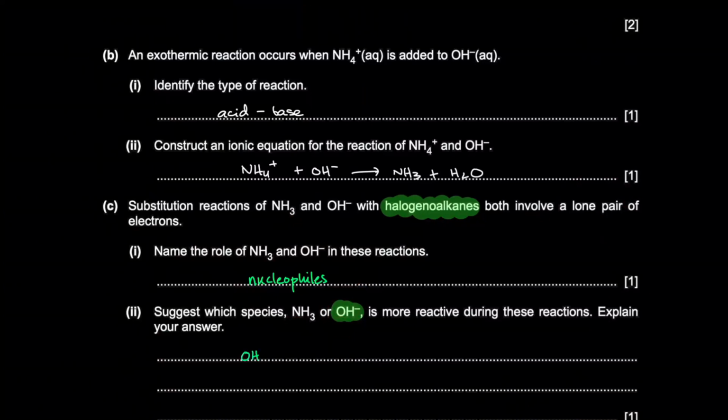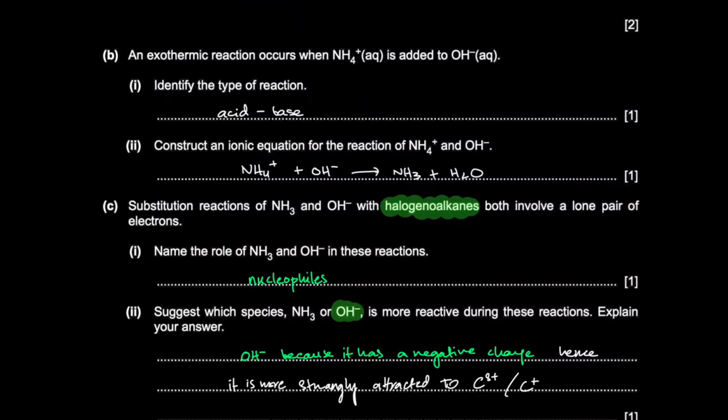So hydroxide, because it has a negative charge, is more strongly attracted to the carbon delta plus, or the positively charged carbon, depending on the mechanism.